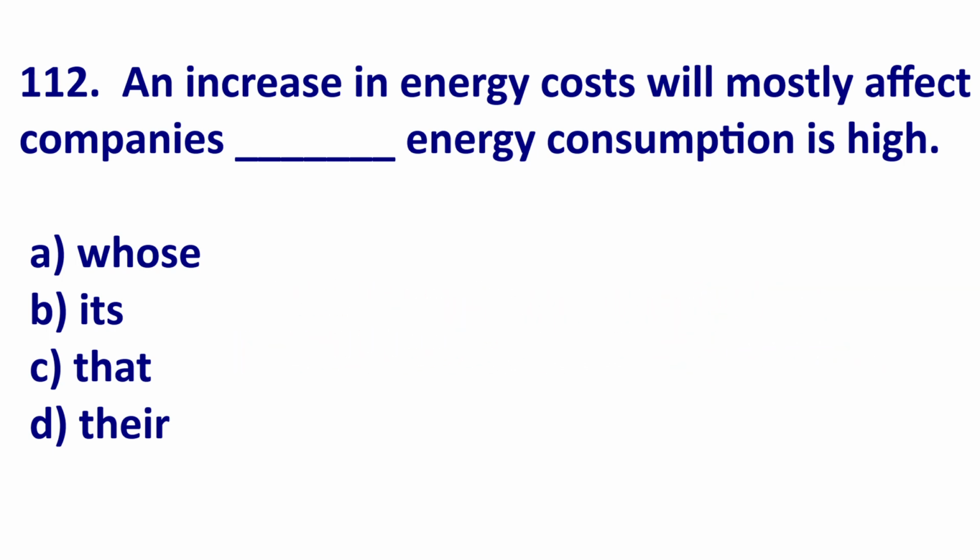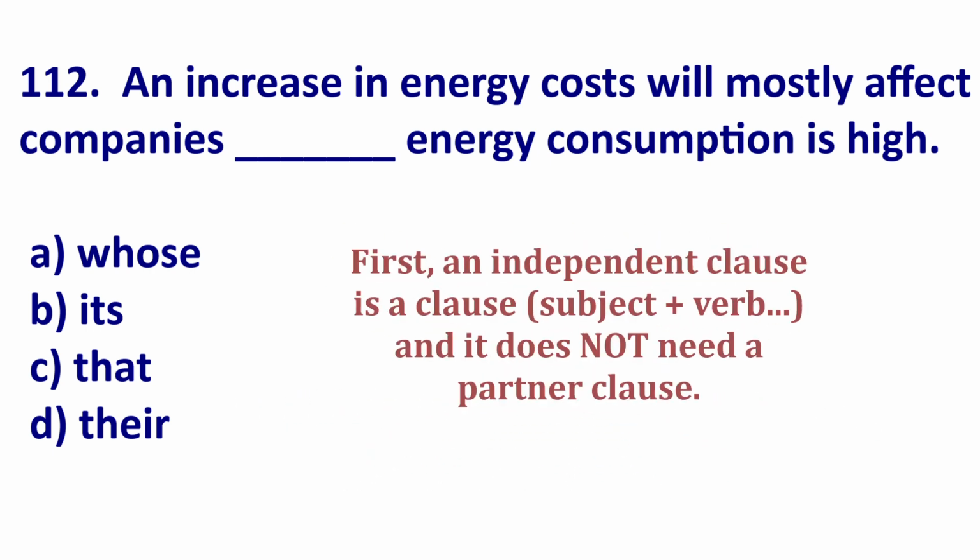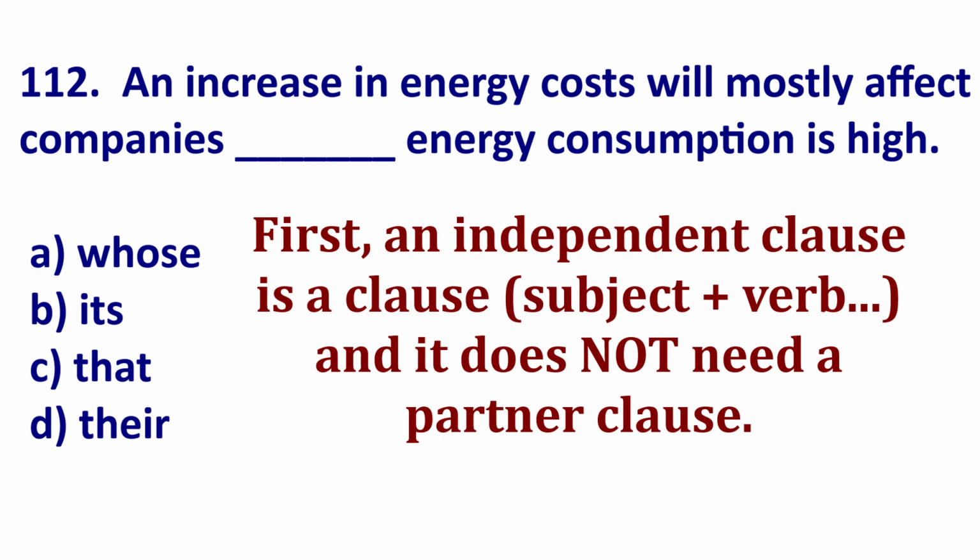What we're first going to do is eliminate B and D, because if you use B or D, this means you would have two independent clauses with no period. What do I mean? Well, in English, an independent clause is a clause which is subject plus verb, and it does not need a partner.